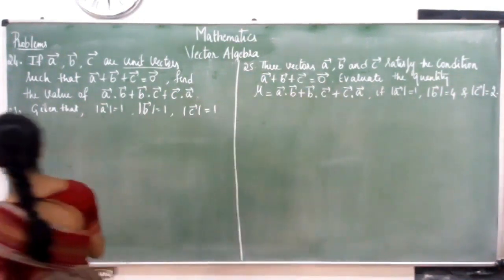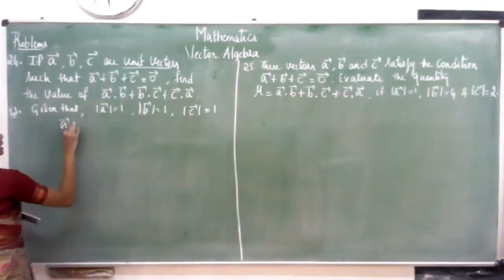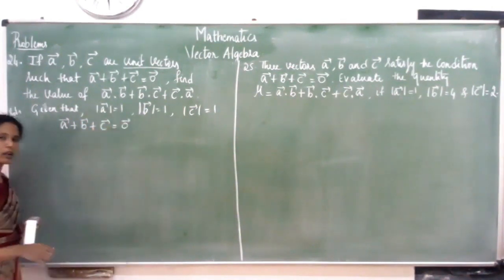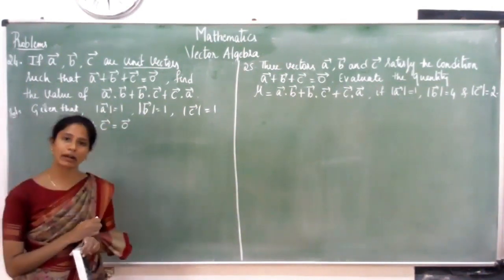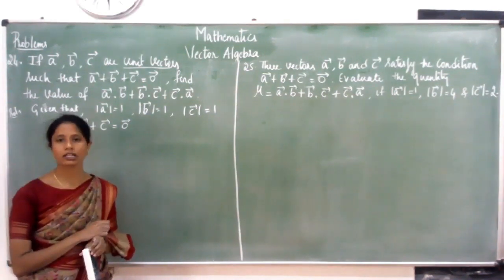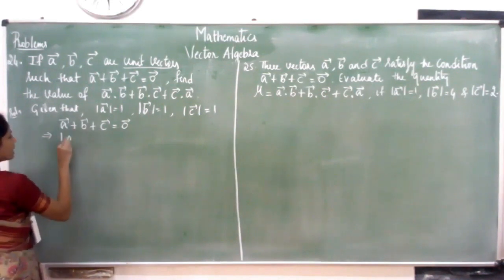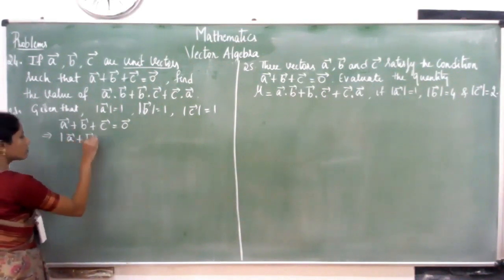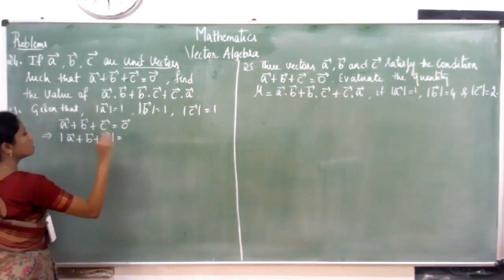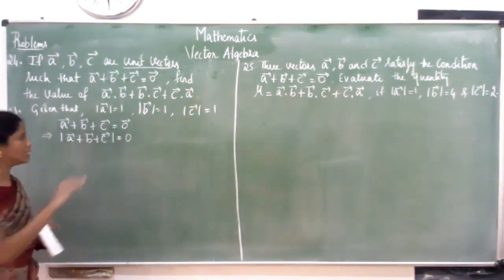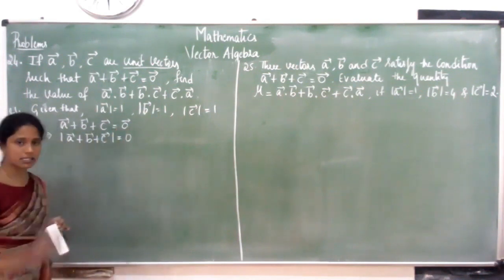So when they have given that vector A plus vector B plus vector C is 0 vector, what will be the magnitude of a 0 vector? The magnitude of a zero vector will be definitely equal to 0. So this implies that the magnitude of vector A plus vector B plus vector C will be equal to magnitude of a zero vector, which is equal to 0.